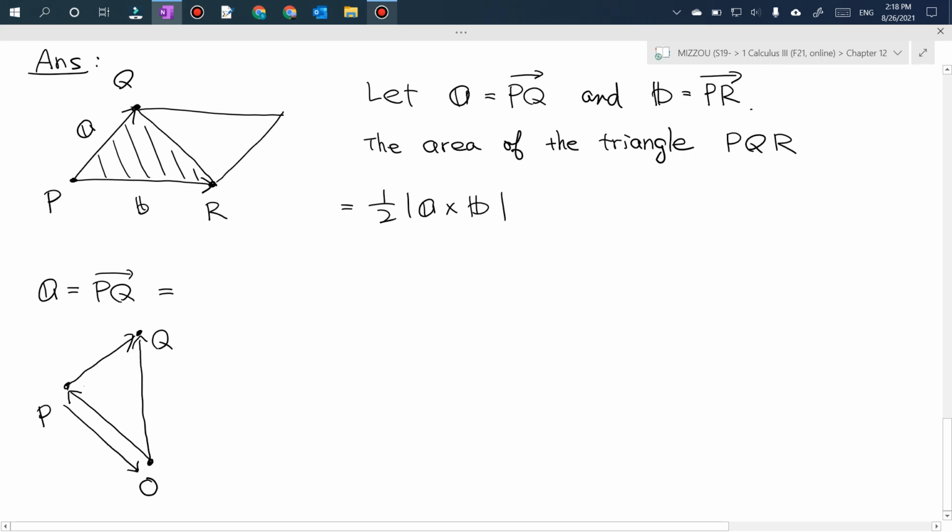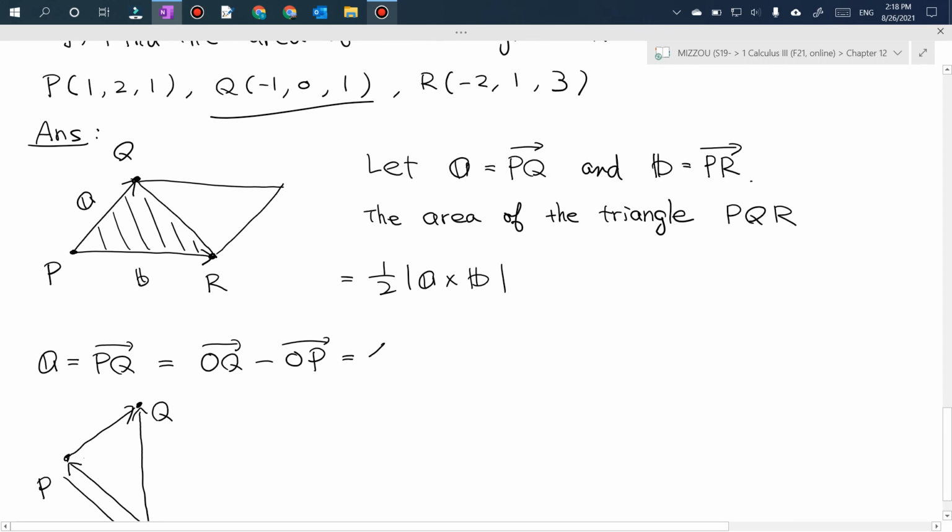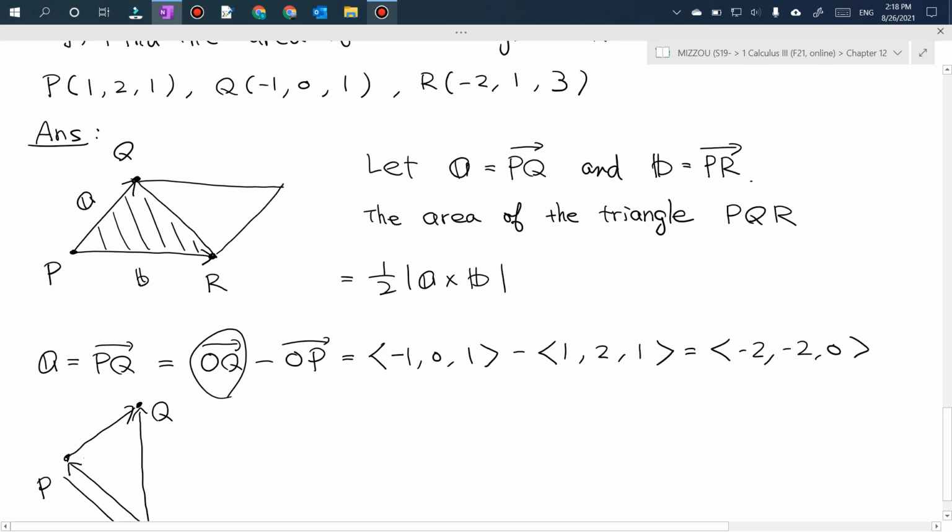So therefore, vector PQ is computed as OQ minus OP. But what's OQ? Well, OQ corresponds to just the coordinates for the point Q. So it's this, and then minus the other one is this one. And then this is computed as (-2, -2, 0). So after all, what we do here is just subtract coordinates of the starting point from the coordinates of the ending point.